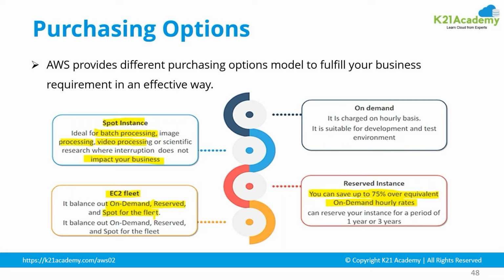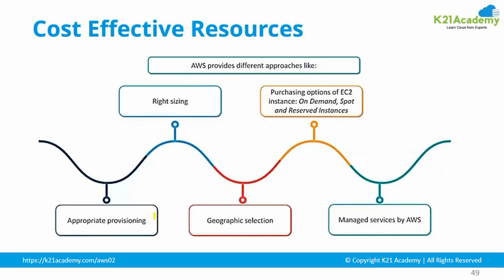Suppose you have got 5 machines, you can make one on demand, two or three as your RIs, and one or two can be made spot. So even if that one or two instances go down, your services are still up and running via RI. So this is how you can use the resources.